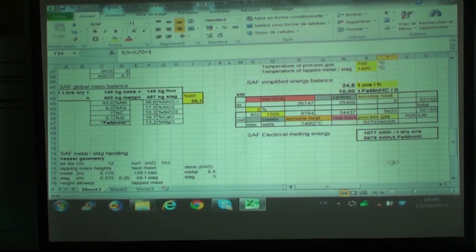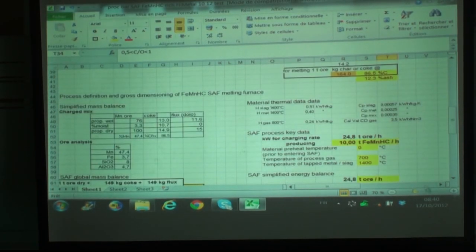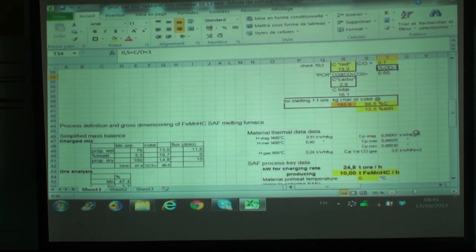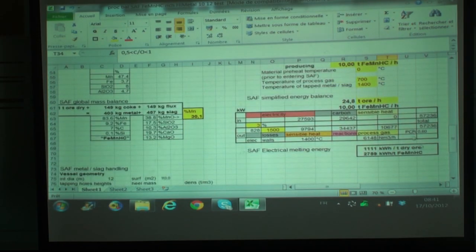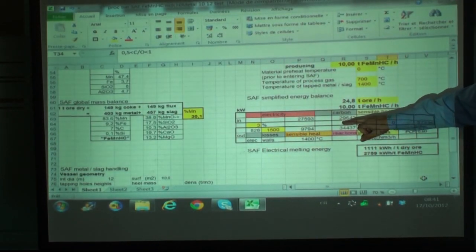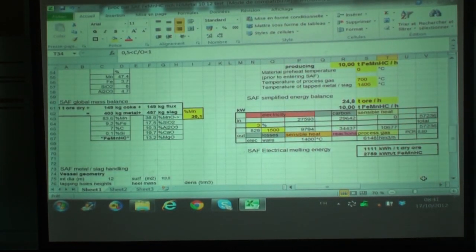Okay. Now we change PCR, or we change C over O. We put 0.7. So the resulting PCR is 0.6. It's a good change of PCR. And look, instead of having here 25,000, I have 29, nearly 30,000. But here I have, instead of 5,000, I have 10,000.